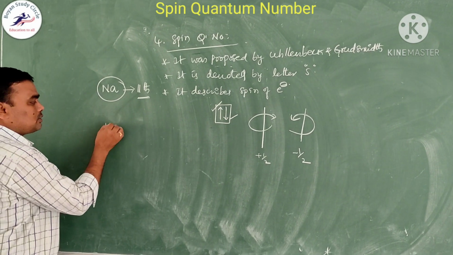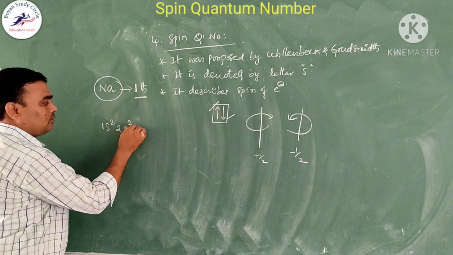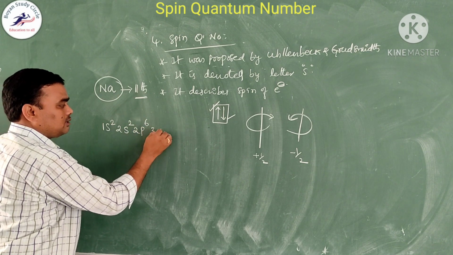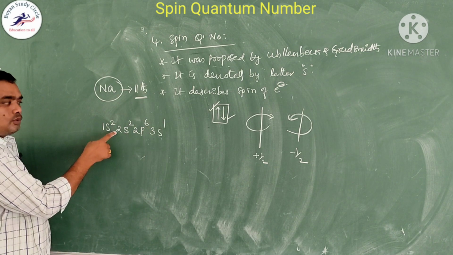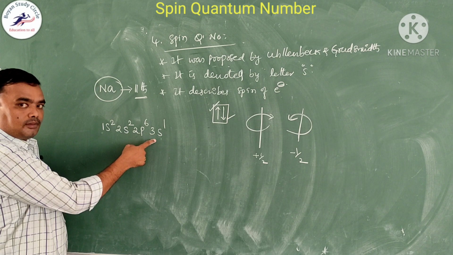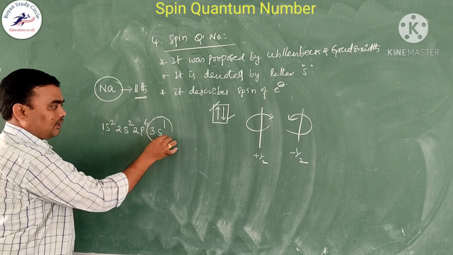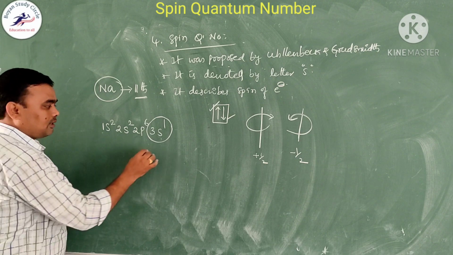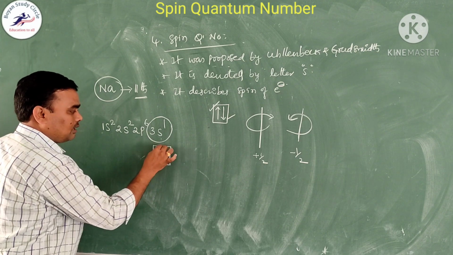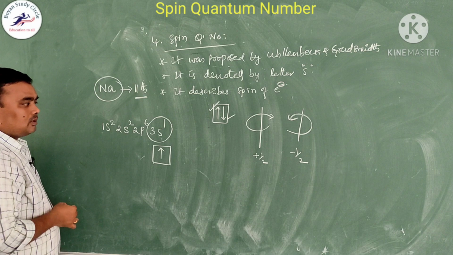The electronic configuration of sodium is 1s2, 2s2, 2p6, 3s1, and this is the 11th electron.